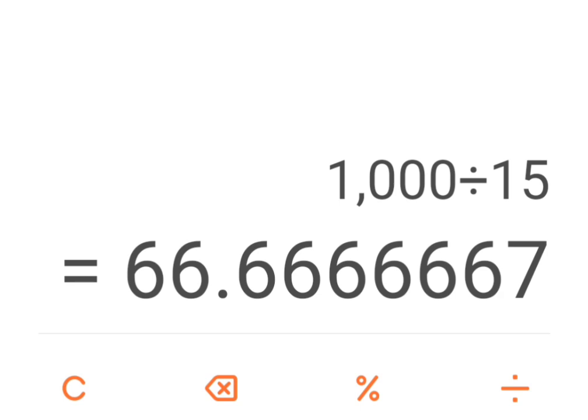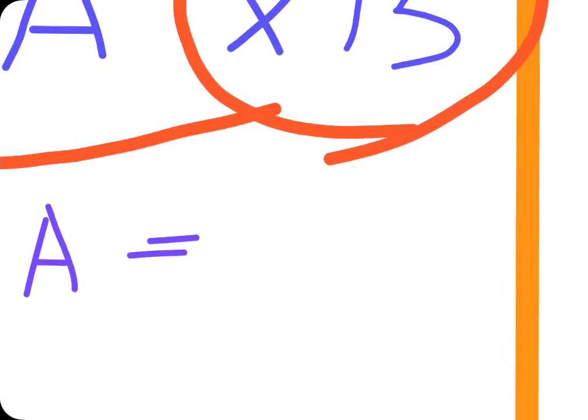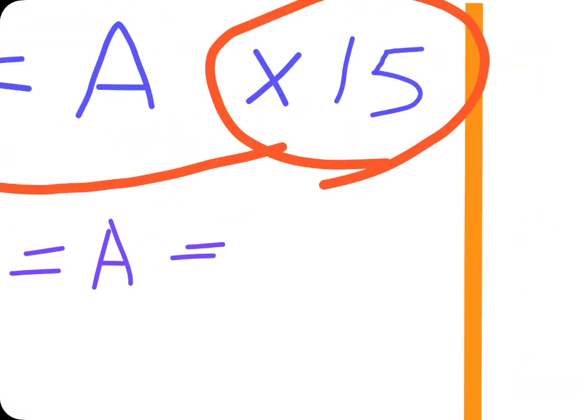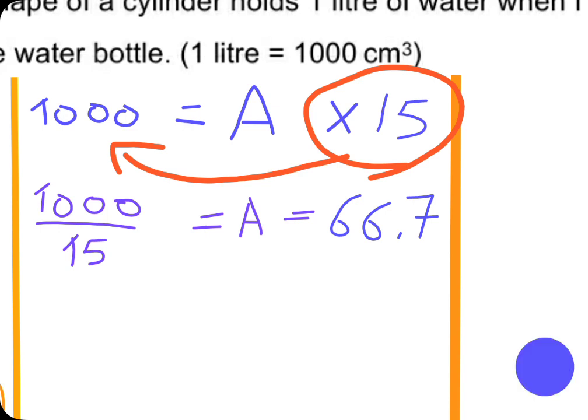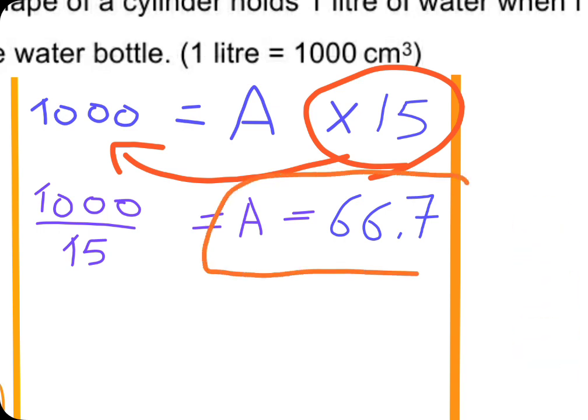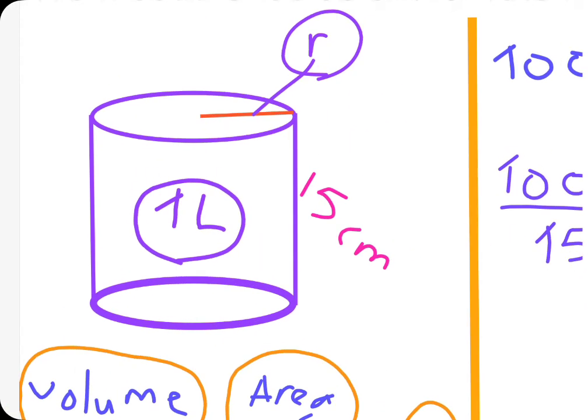Let's go back. So A equals 66.7 after rounding. So it's 66.6, and when you round it, it's 66.7. Now, this is the area of this circle.